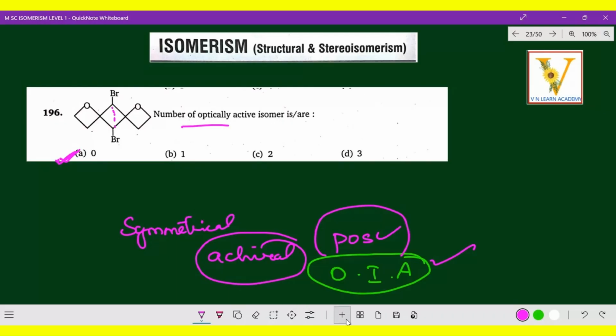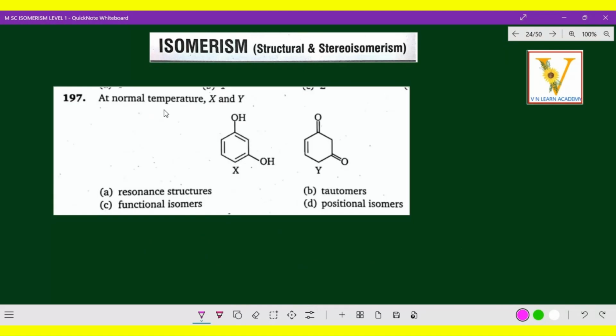Simple, basic idea. If you know the concept thoroughly, if you have the key, you can open any lock with that key. At normal temperature, X and Y are: resonance structure, tautomers, functional isomers, or positional isomers? Functional isomers and positional isomers will not be possible here. For functional isomers, the molecular formula is the same but the functional groups differ, but here an extra hydrogen is there, so this is not correct.